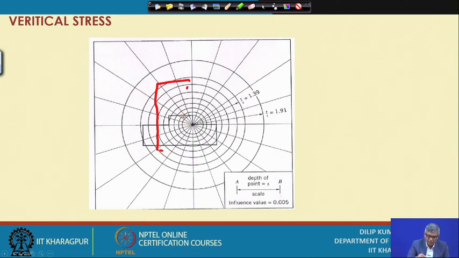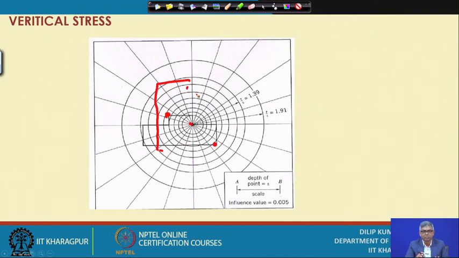Suppose I want to find out the pressure at another point. Then I have to shift this entire thing and bring this point here. Automatically these things will shift this side, and it will cover some other number, which will not be the same. Compared to the earlier point, the pressure here may be less, so the number will change accordingly. So if I want to find out at this point, again I have to shift the entire thing, keep this point here, and draw the figure this side.